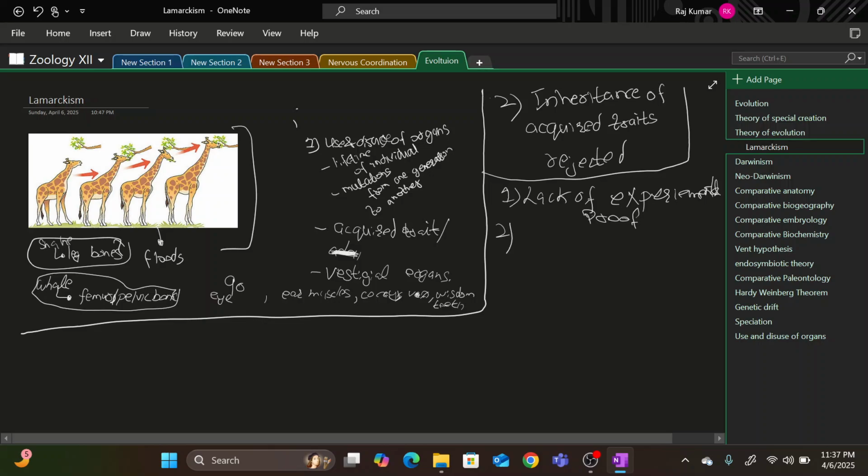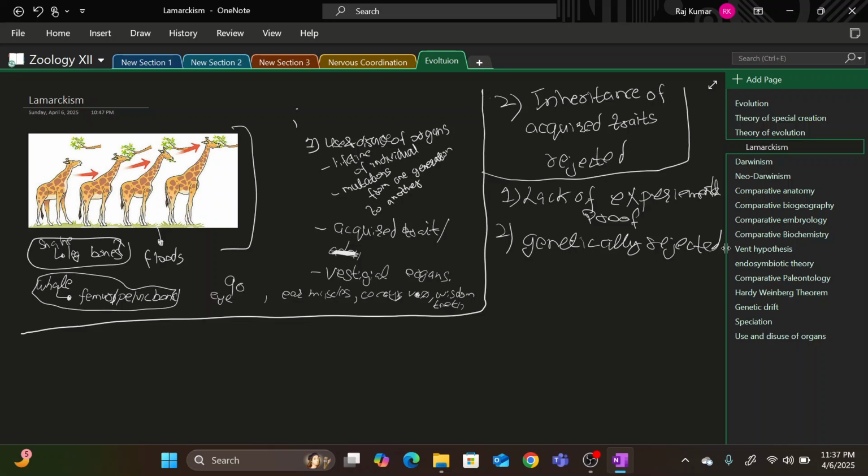On the other side, there was no genetic basis. It was genetically rejected, because whenever a mutation happens, that mutation can affect the upcoming generations only if it happens in the germline cells.